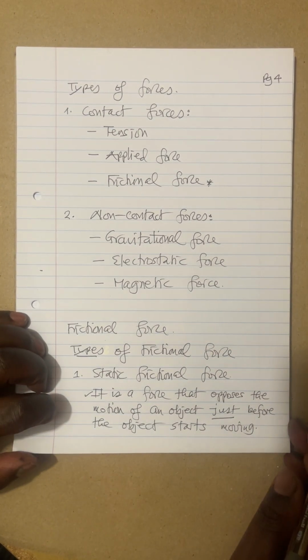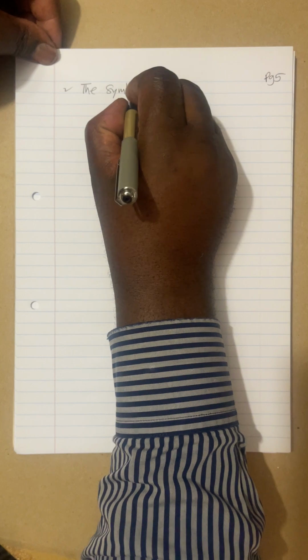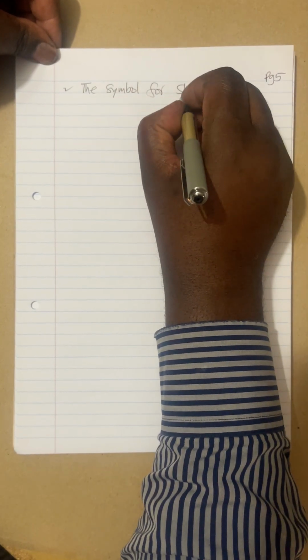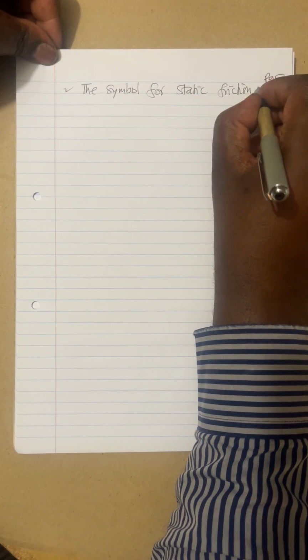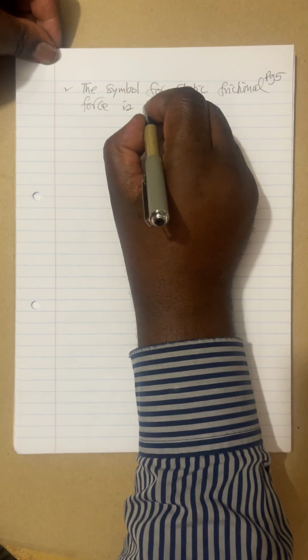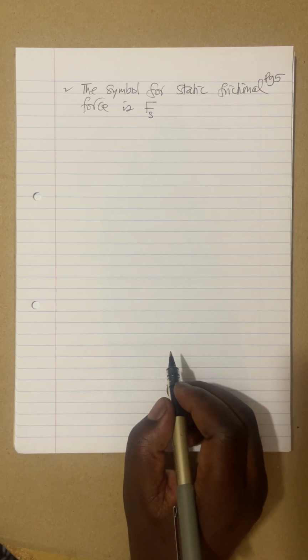The symbol for static frictional force, that takes me to page 5, is capital F subscript S. And of course, it's a force, so it is measured in newtons as the SI unit.